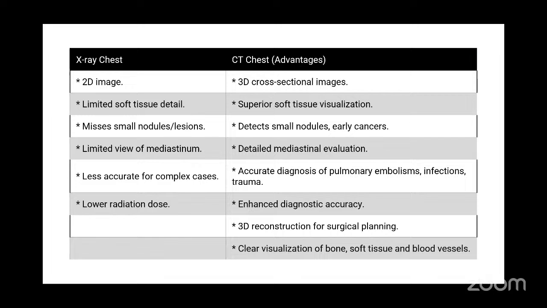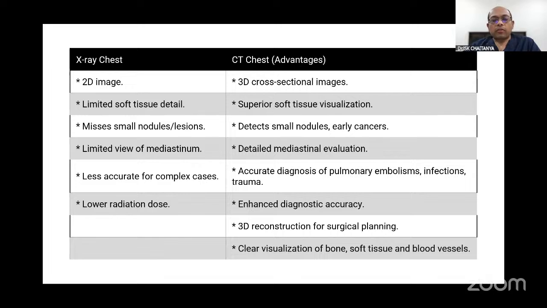As we all know, X-ray, as we saw last time, is a two-dimensional image. It gives limited detail of the soft tissue and the vascular structures. There is a chance that we can miss small lesions or small nodules. We can only see outlines of the mediastinum and roughly estimate the structures which form its borders, but we can't get a clear view of what's happening within the mediastinum.